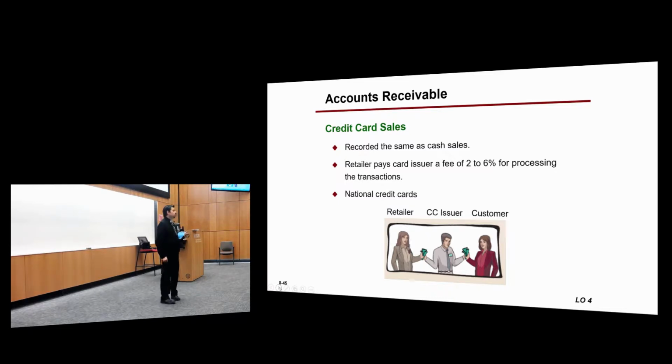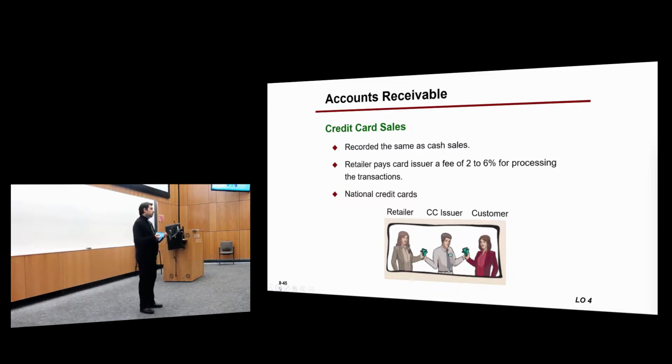The net amount will be the full amount minus a certain fee that the card issuer, let's say Chase, will charge Best Buy. Usually it could go from 1% to 6%, even lower than 2%, depending on the agreement between the card issuer and the company.